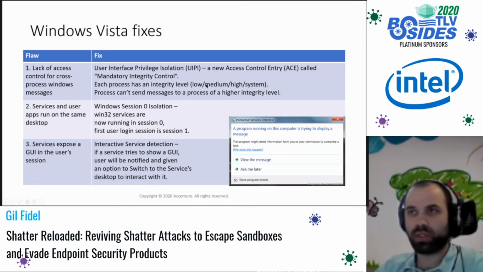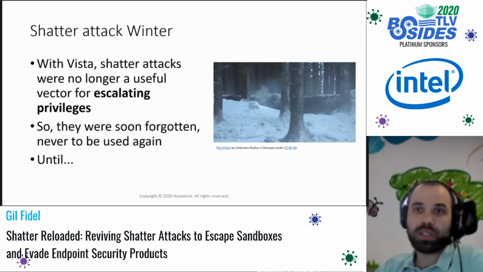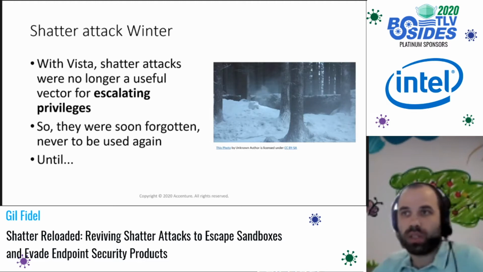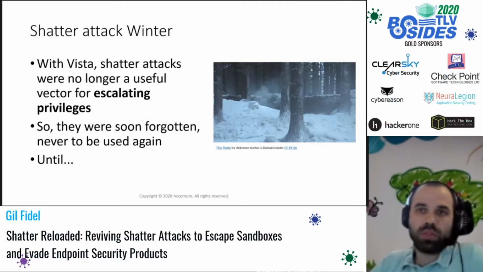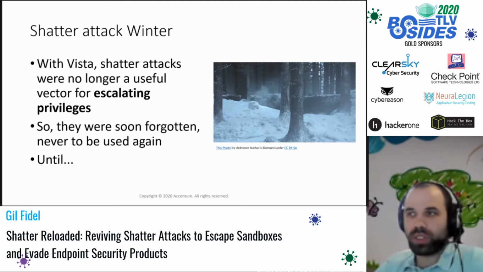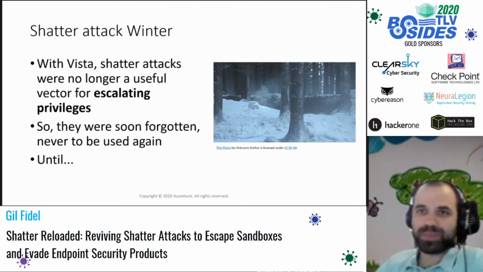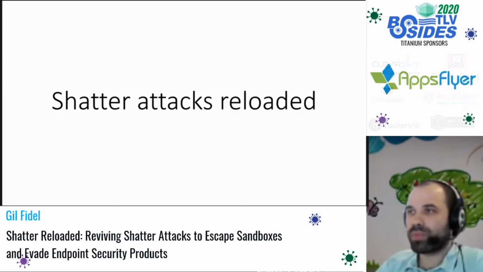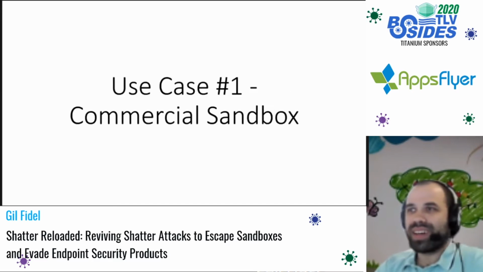So that was very good. And actually it put a stop to shatter attacks altogether because they could no longer be used for escalating privileges. And of course they were quite forgotten until we came along. Not really, but let's skip that story.